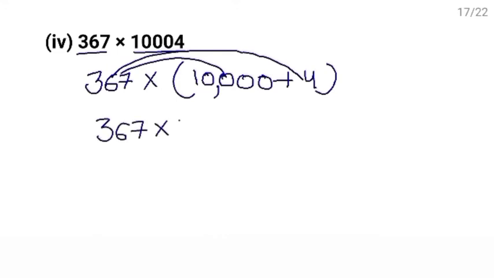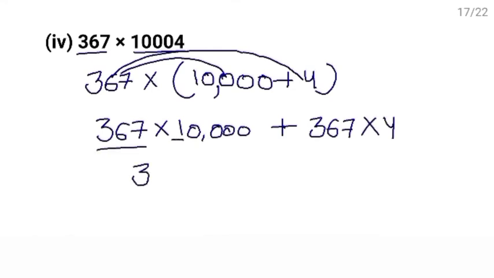367 multiply 10,000 plus 367 multiply 4. 367 ones are 367. How many zeros are there? 1, 2, 3, 4. So put 4 zeros.